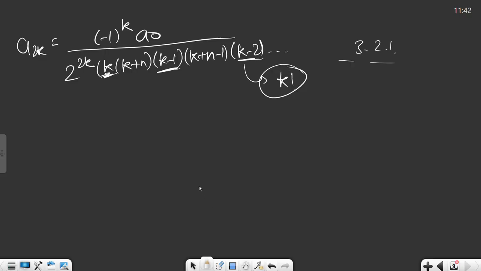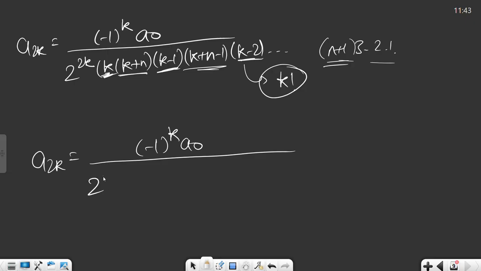Okay, and if we talk about this thing, the last term would be n plus 1, because k is going to vanish, and this stops at n plus 1, right? So basically we are having a sub 2k equals negative 1 to the k times a naught over 2 to the 2k, k factorial.